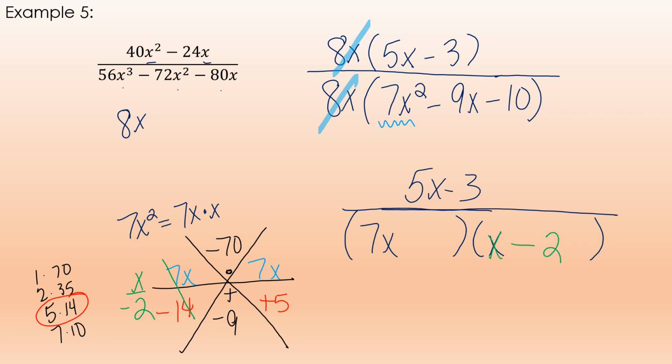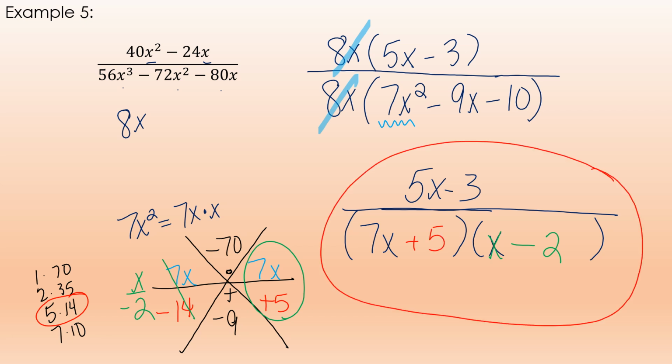The other factor, the 7x and the positive 5, don't reduce, so that's how I get 7x plus 5. Now you clearly see that nothing else reduces. The 5x minus 3 cannot reduce with either factor in the denominator. Good to always check, and it's always good to practice your factoring skills.